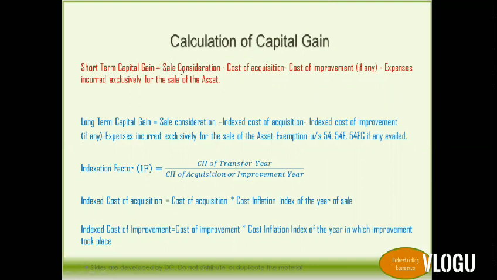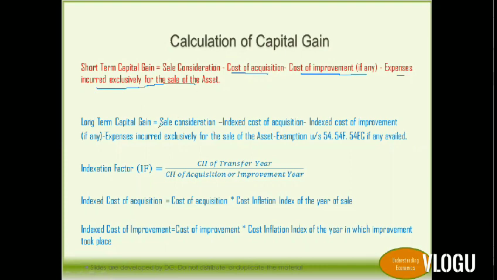Here, the sale consideration is nothing but the value of the sale, or the selling price. And from the selling price, we deduct the cost of acquisition, which is nothing but the purchase price, the cost of improvement that we can consider as the renovation, and the expenses incurred exclusively for the sale of the asset that we consider as the brokerage.